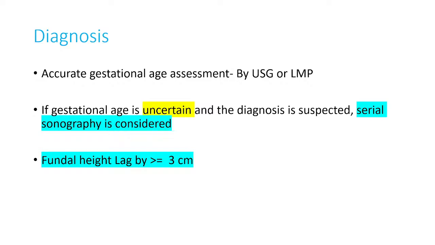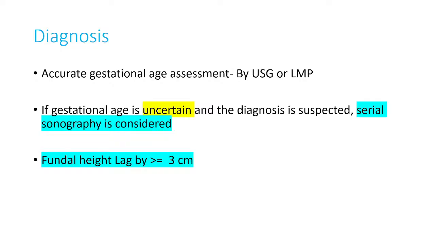By sonography, what you have to do? You have to do a sonography in the early gestational age. Anyhow we are doing ultrasonography whenever pregnancy is diagnosed, and early gestational age is the best time for estimation of the gestational age. Later on, when the fetus increases in size and gestational age, the error in the estimation will be more.